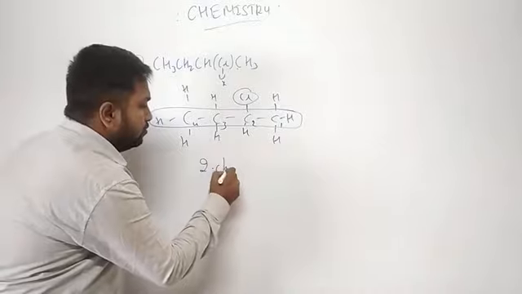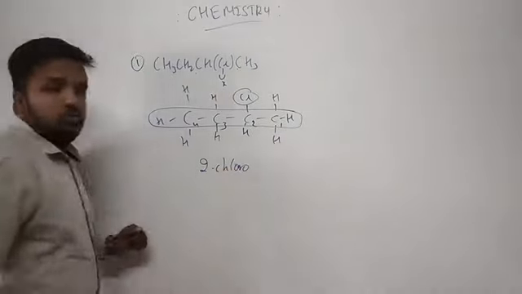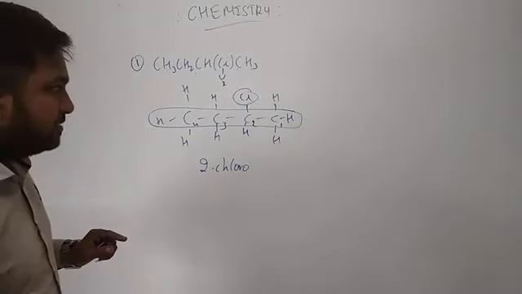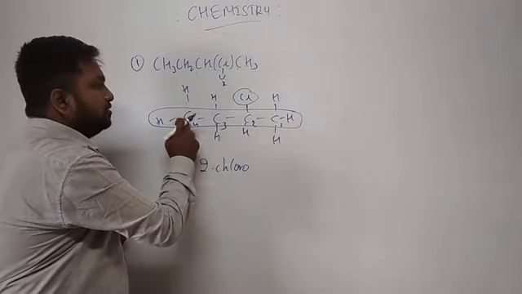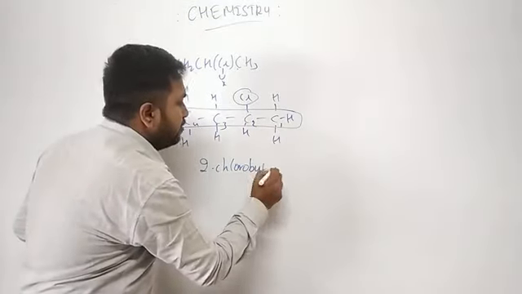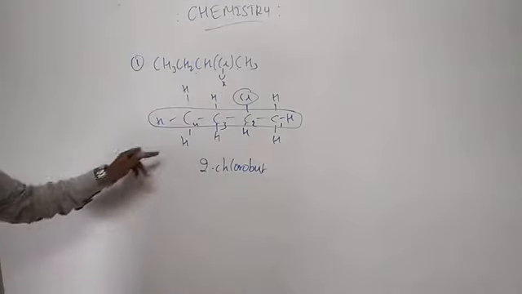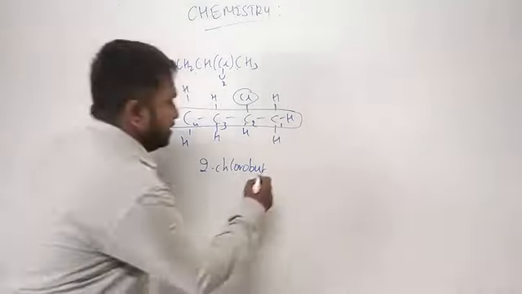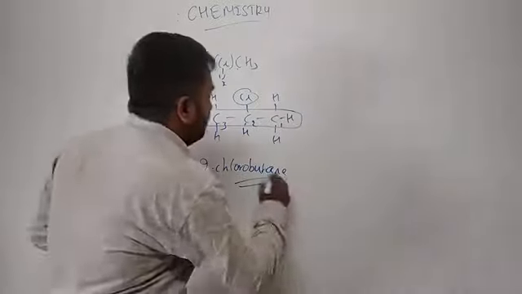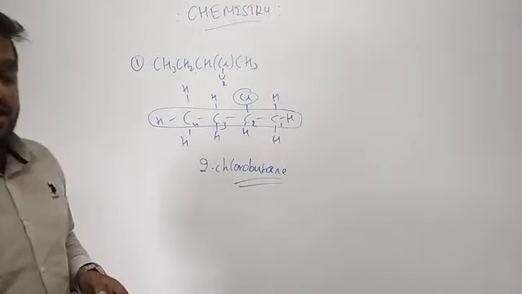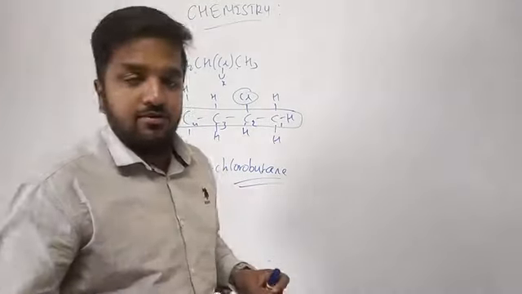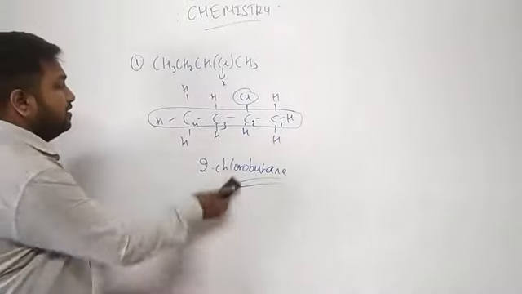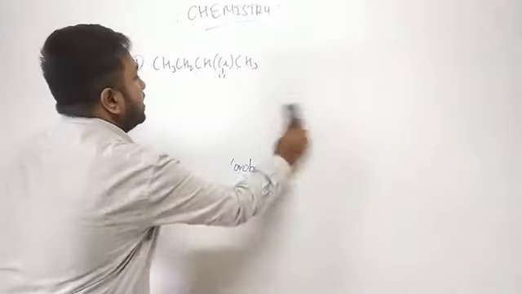So it is 2-chloro. How many carbon atoms are there? 1, 2, 3, 4. That is but-. All are single bonds, so it is an alkane. So 2-chlorobutane. It is the IUPAC name for this compound. Is it clear now?